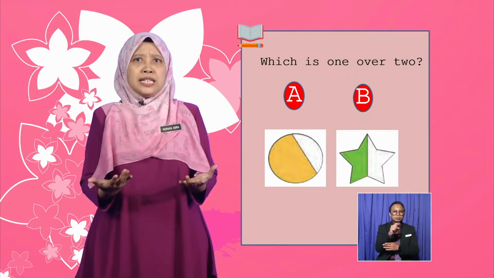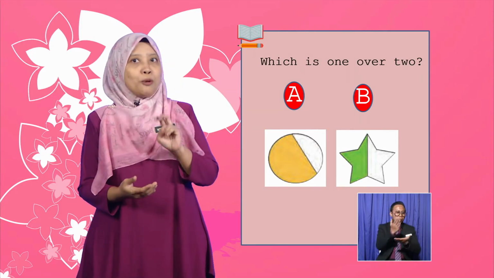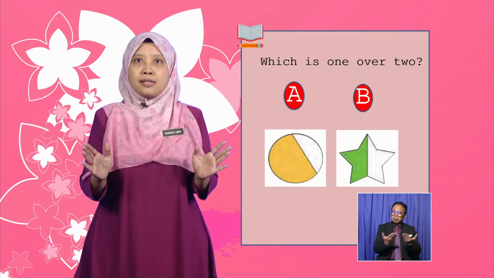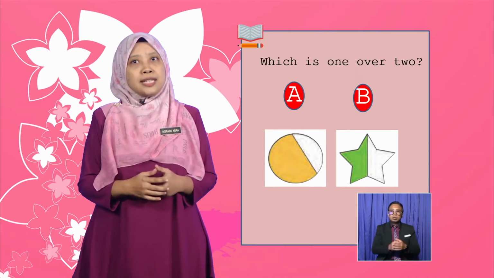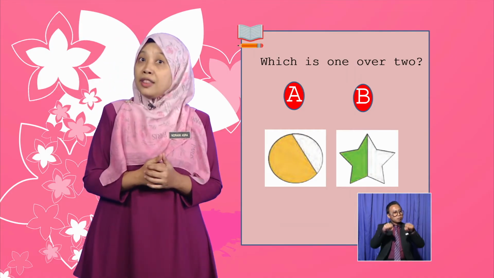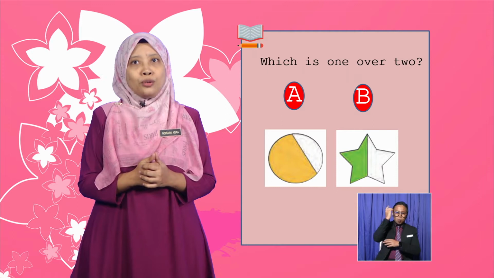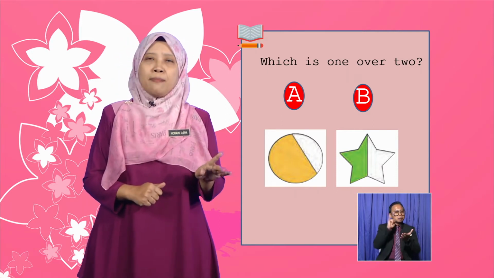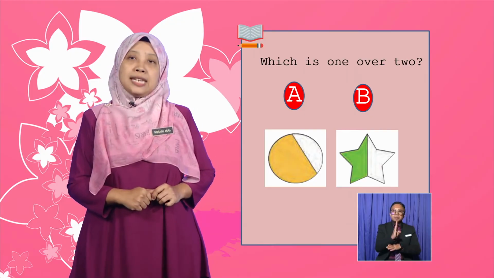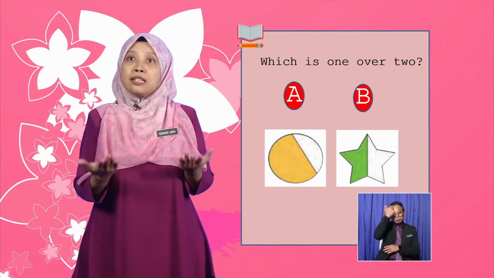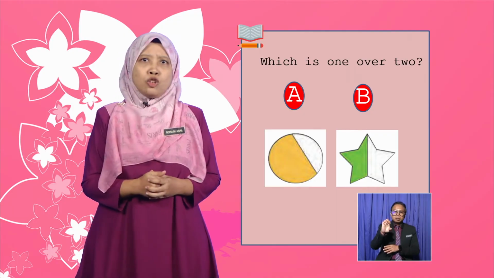It has been divided into 2 parts. However, both parts are of different sizes. Can we consider these as 1/2? Excellent! This shape cannot be considered as 1/2 because the size of both parts is not equal.